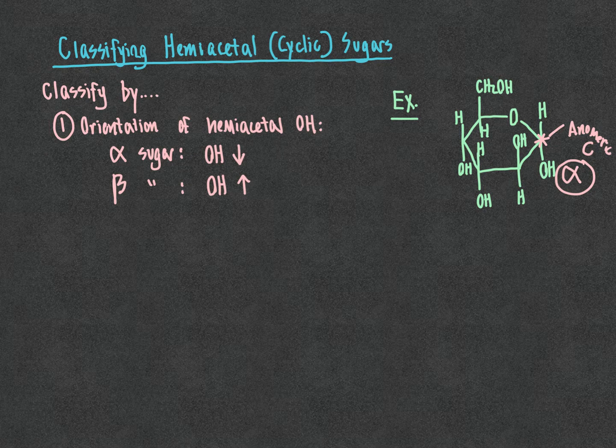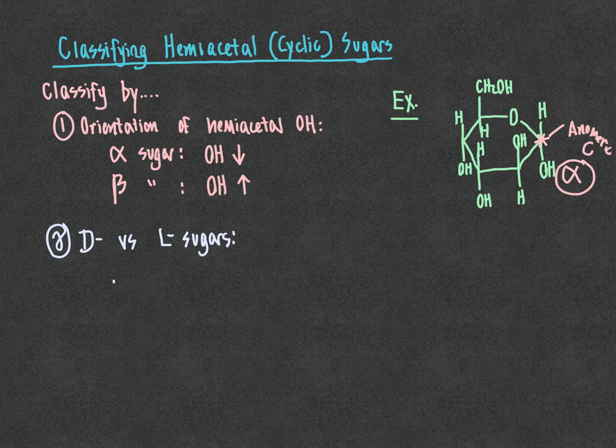Let's take a look at another route to classifying these molecules. That second way, instead of referring to the positioning of the hemiacetyl hydroxy group, is to classify them as D versus L. This is another topic that we looked at in the last video, but it's worth mentioning because it is one of the key hallmark features of sugars.